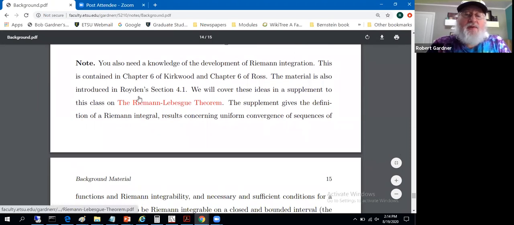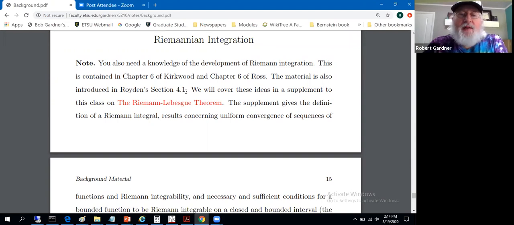This stuff is also in Royden's section 4.1. I'm going to relegate all this conversation of Riemann integration to a supplement, the Riemann-Lebesgue theorem, in which we'll go through and give necessary and sufficient conditions for a function to be Riemann integrable. And we'll do this pretty early on. Treat this also maybe as background information part 2.